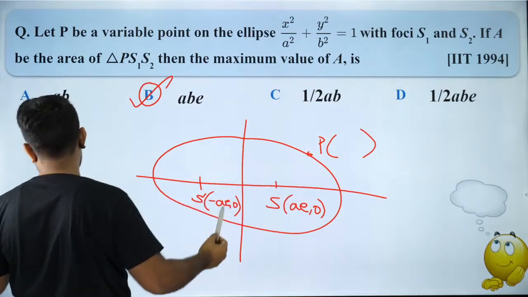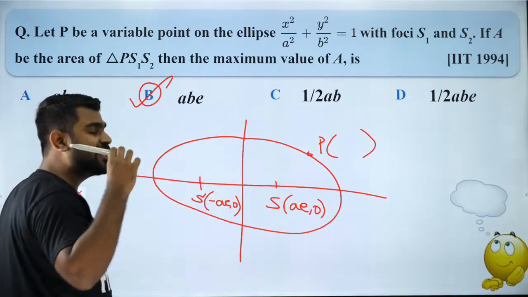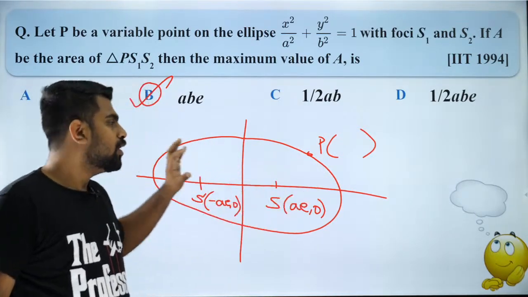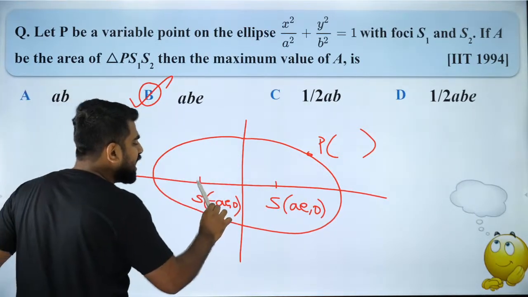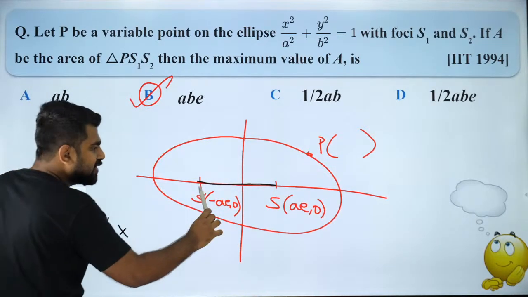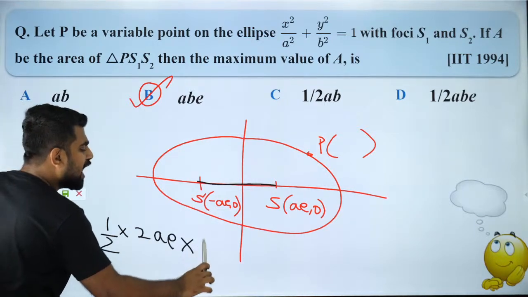Now there is a point P which is moving along the ellipse. Now where should be point P such that the area of this triangle is maximum. So guys, the area of this triangle is half base, which is SS dash, which is 2AE, into height.